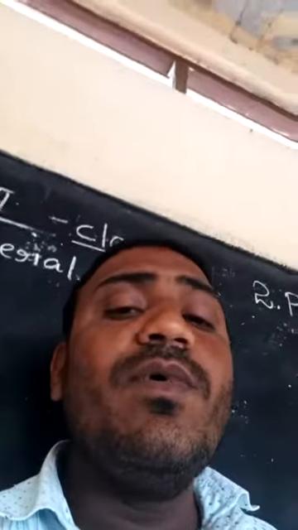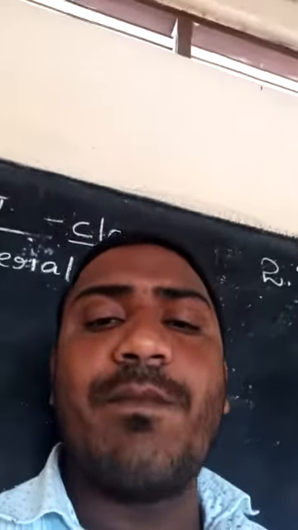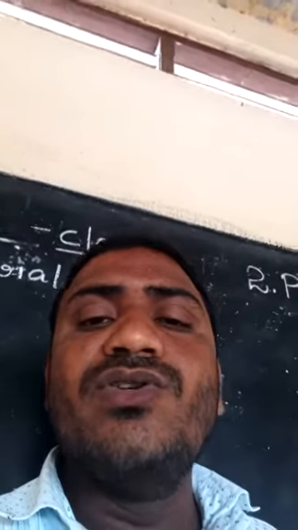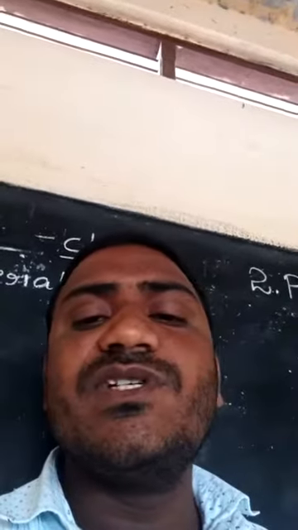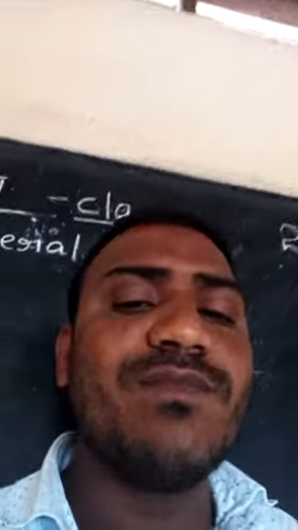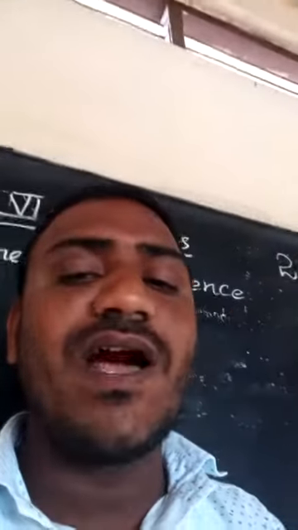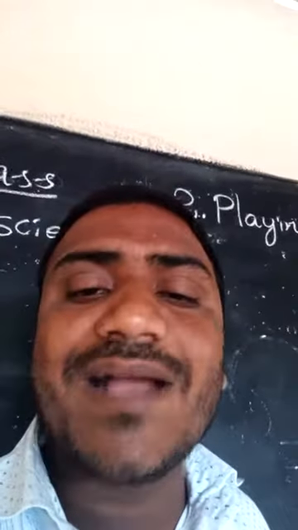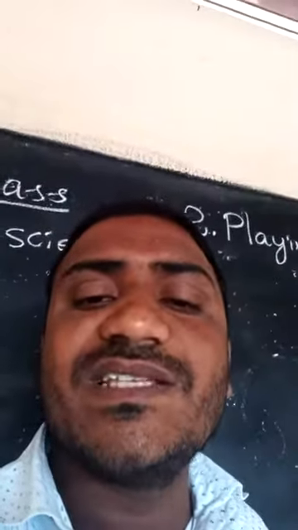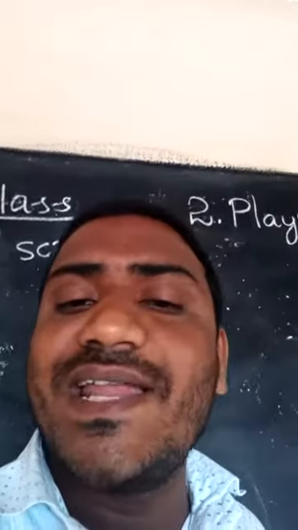So where do we normally use the magnetic compass? When we travel in ships, at that time we don't know on which side is the north direction, south direction, east or west. So by using a magnetic compass, the sailors know the direction.